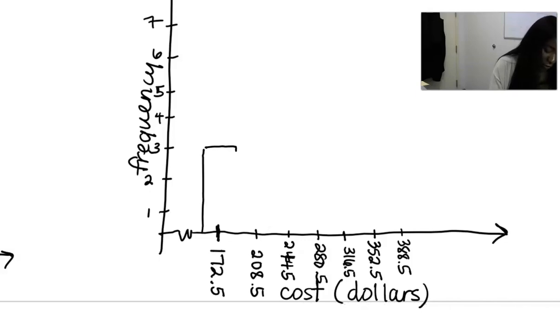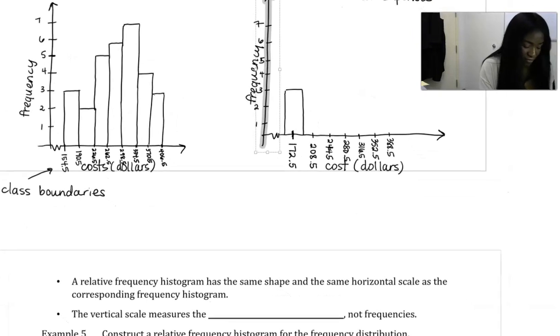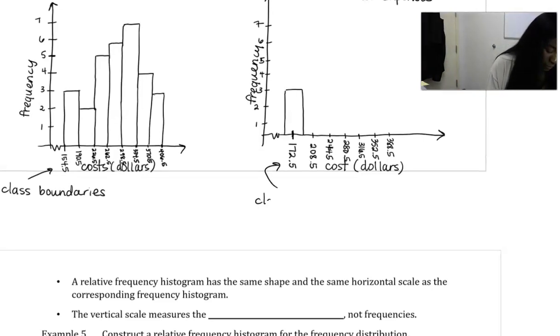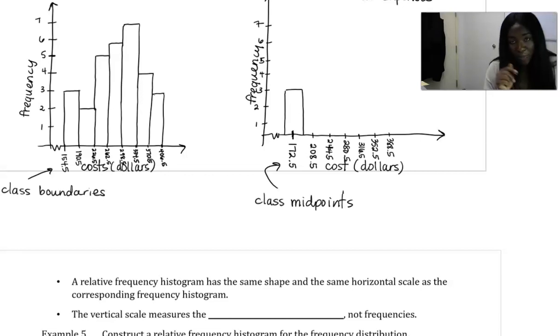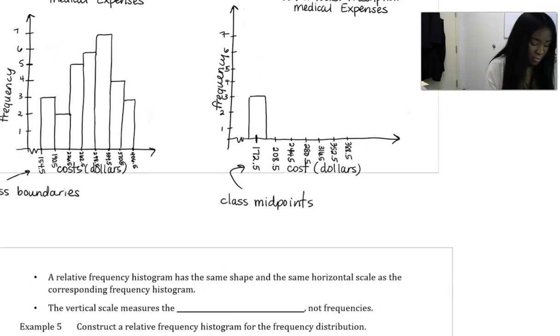So notice how this first bar right here, the 172.5, is falling directly in the middle of it because it still does have the boundaries of 154.5 and 190.5. We're just not labeling those when we do this using class midpoints. So just make sure that if you use midpoints and you're doing it by hand, that you're centering the bar around the midpoint.